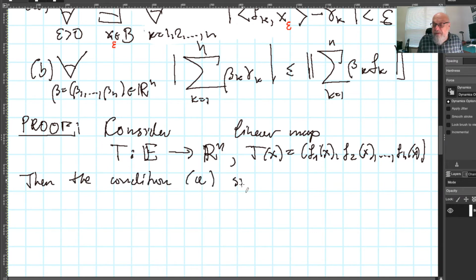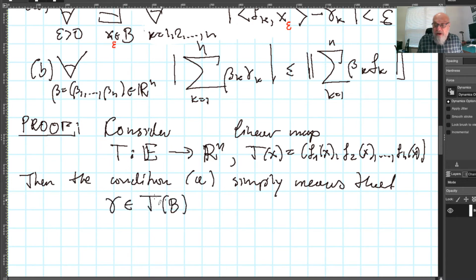The condition A simply means that gamma belongs to the closure of the image of the unit ball under this transformation.